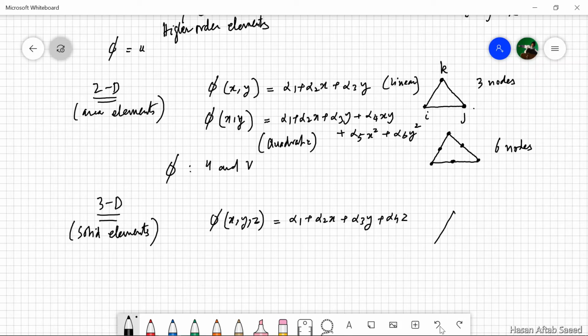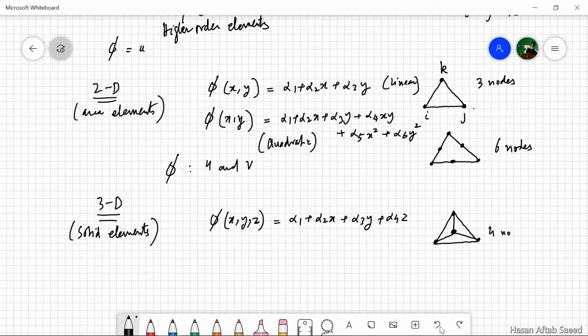If we consider a tetrahedron, that is, it has 4 faces and node on all corners. It has exactly 4 nodes, so it will do the job nicely.